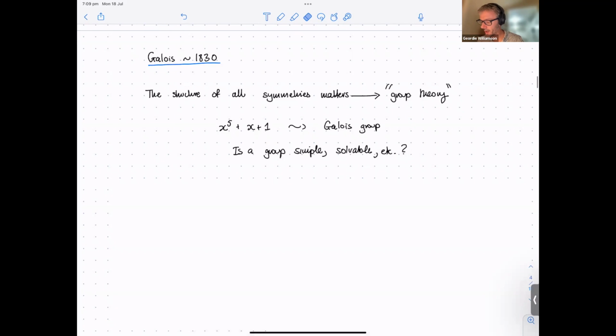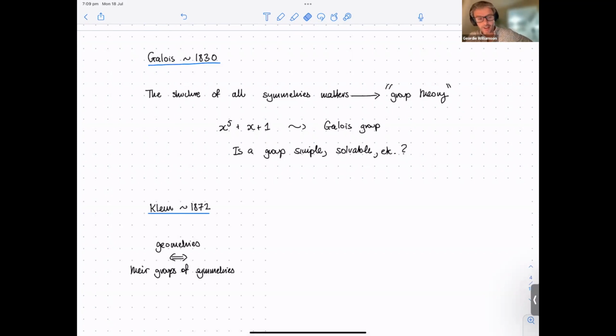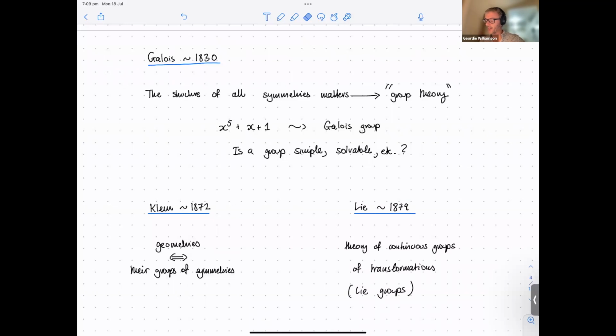Okay. And Klein explained that geometries, for example, projective geometry, Euclidean geometry, etc., are determined by their groups of symmetries. And Lie developed the theory of continuous groups, so Lie groups.